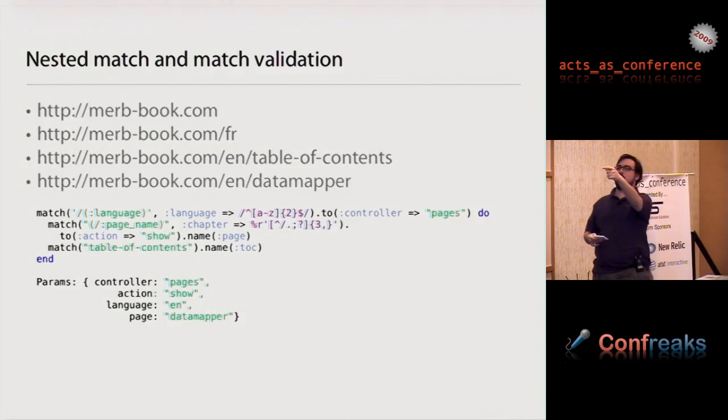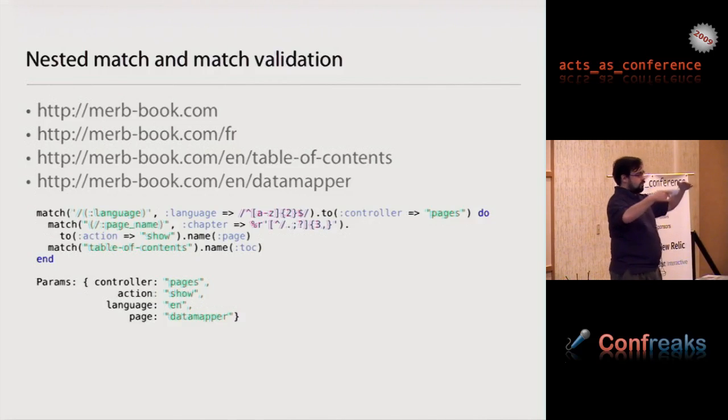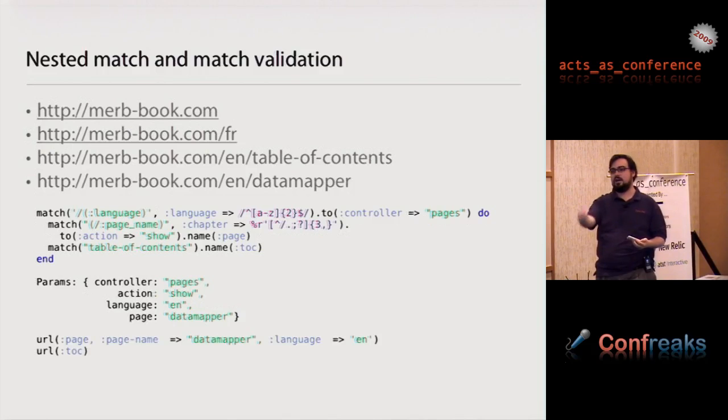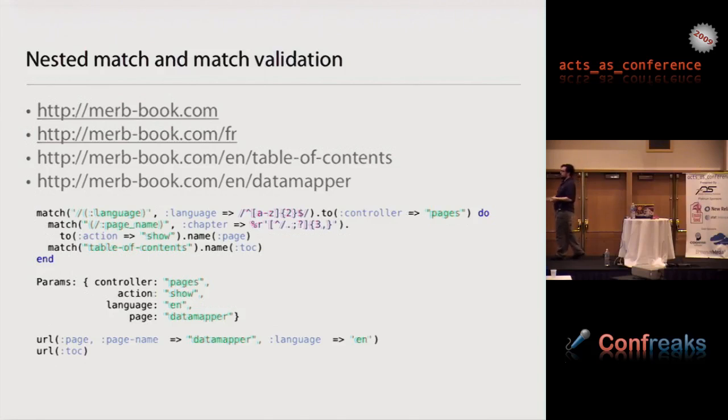Notice that you can actually put the optional segments at any level of nesting, and basically it combines them to the full segment that you would have created if you had not nested them. And you can say URL page and supply all the details, or you can say URL table of contents, which is the second nested one down there, and it will do the right thing.